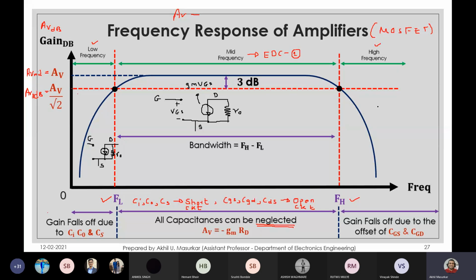And when it comes to high frequency, the model remains the same with just the addition of the capacitances CGS and CGD.